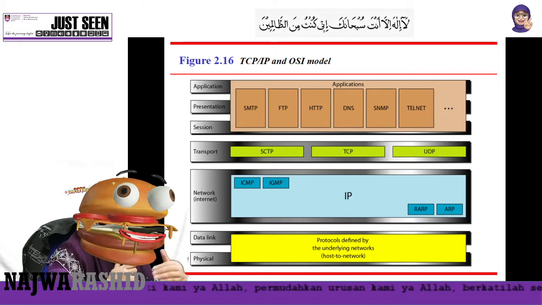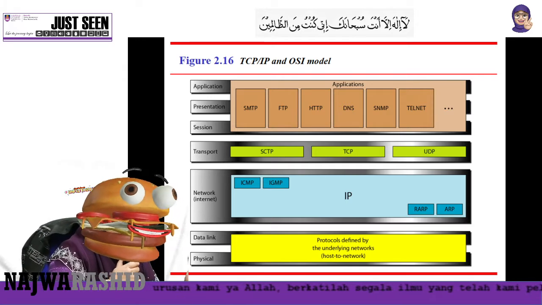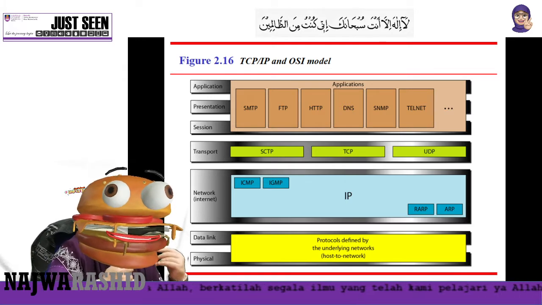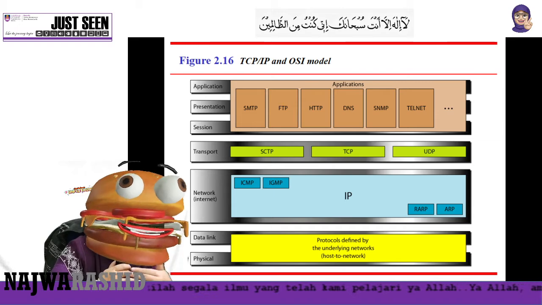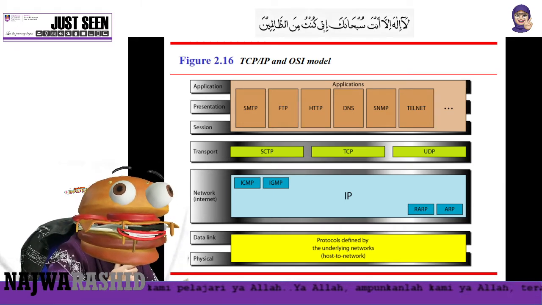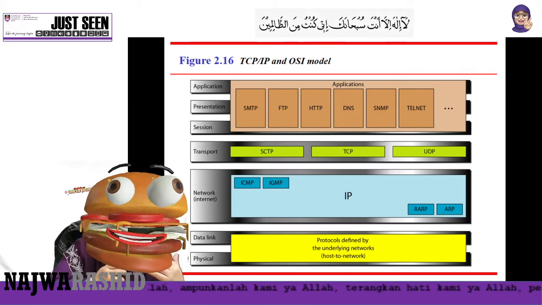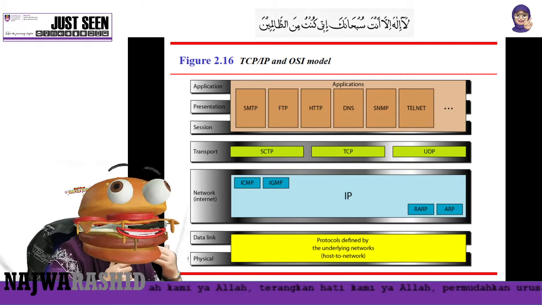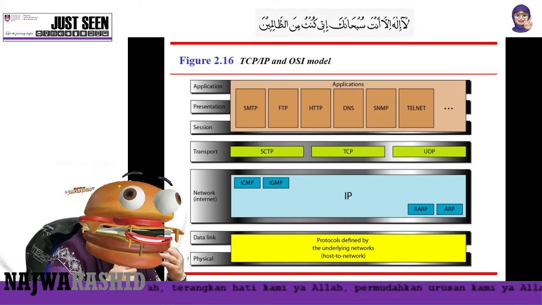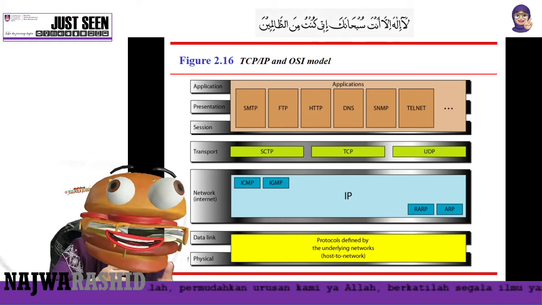The next layer after the application layer is the transport layer. The transport layer is similar to the OSI model. The protocols used under this layer are SCTP, TCP, and UDP, the datagram. And the next layer is the network layer, or internet layer.